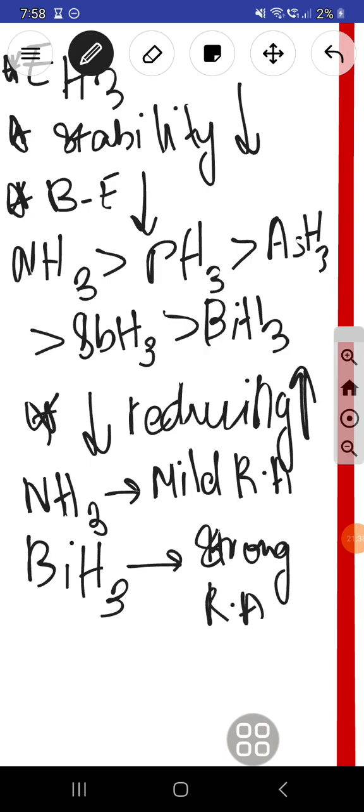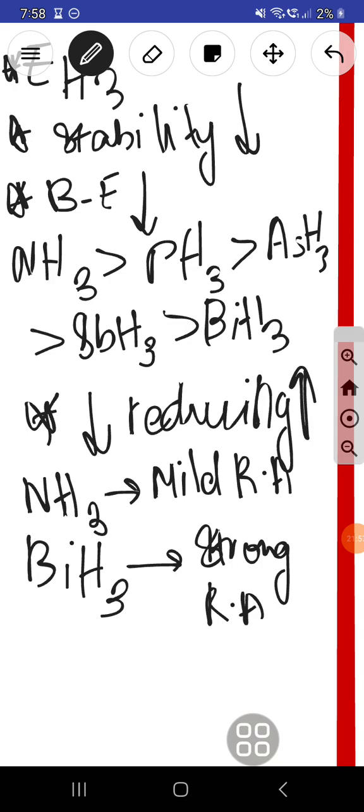Then the next important thing is that ammonia has very strong hydrogen bonding. Because of this, ammonia has a relatively higher boiling point and melting point.